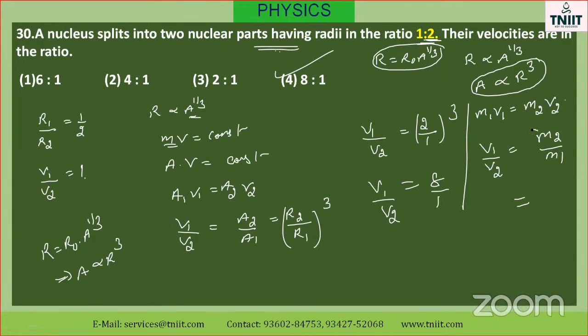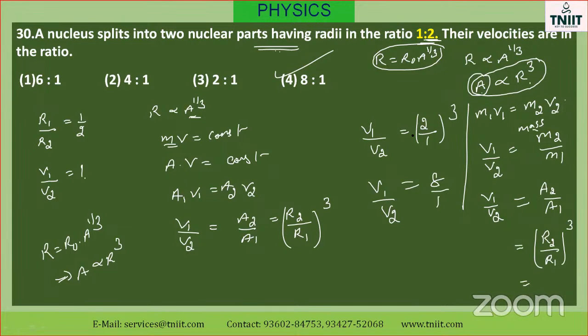But for nuclei, mass is represented with mass number, denoted A. So I will replace M2 by M1 as A2 by A1. How are A and R related? Directly proportional. So R2 by R1 whole cube, right?